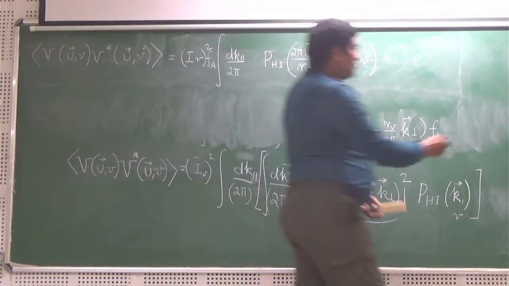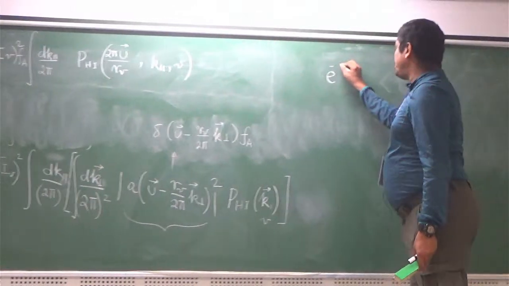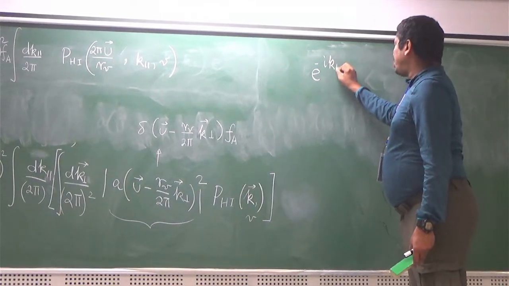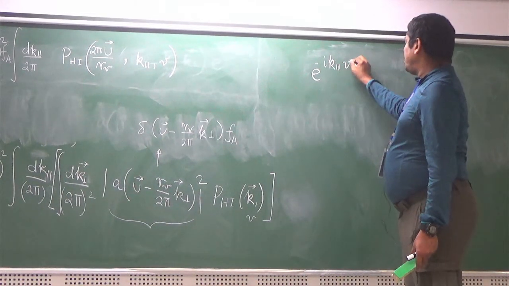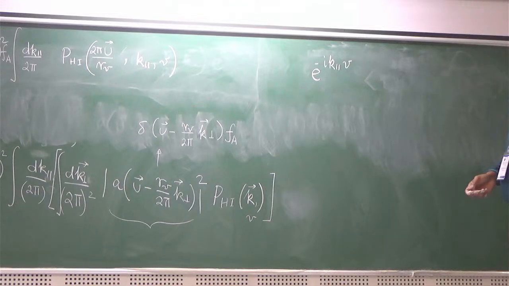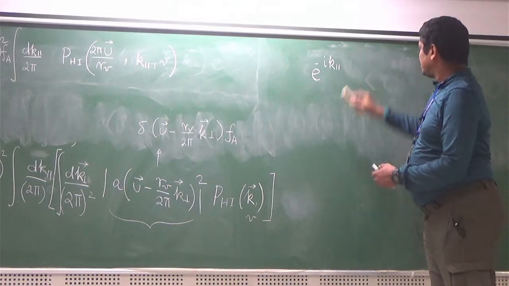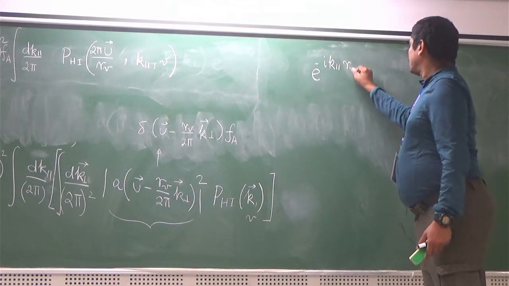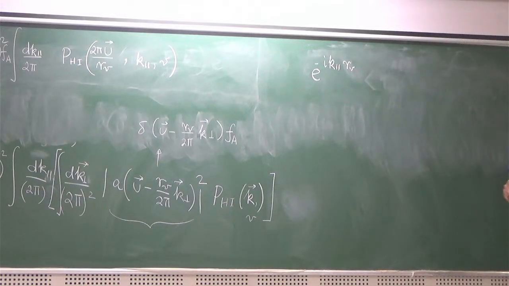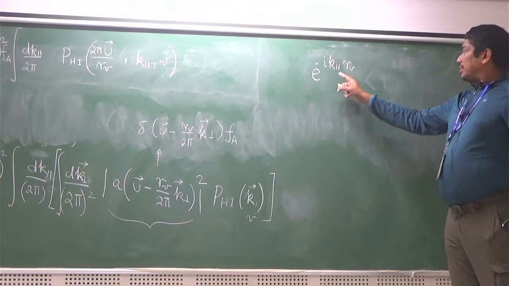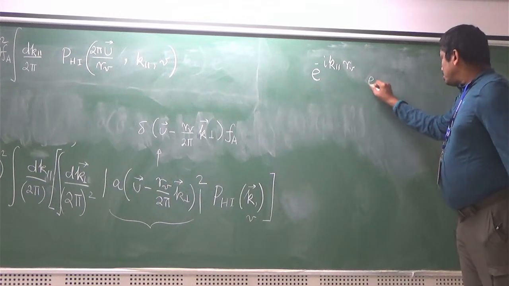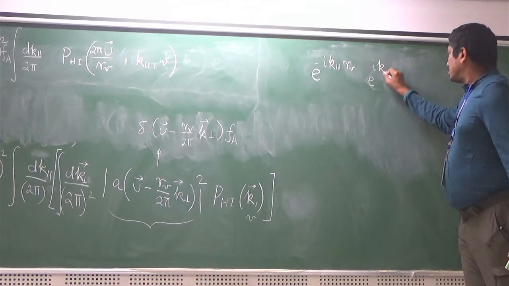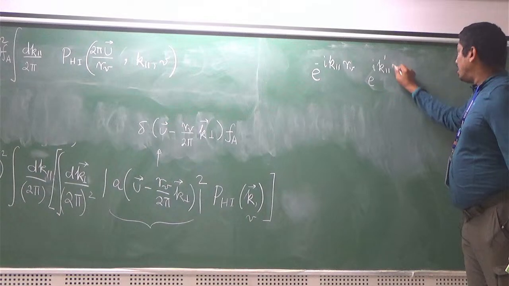If I choose nu prime, remember there was a term which is e to the i k parallel nu. And then it got cancelled out because, to start with, I had these two terms, k parallel prime nu.